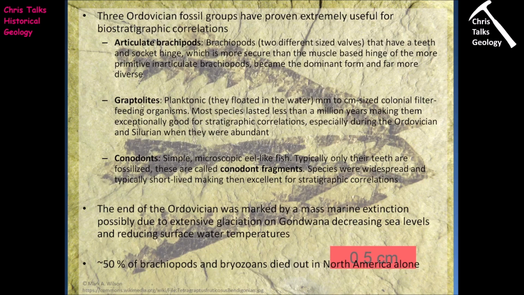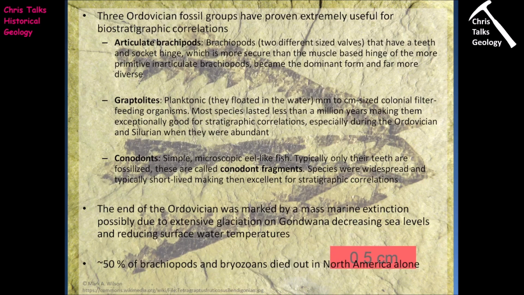Now, the nice thing about graptolites is there are numerous graptolite species, so there's loads of them. Because they are essentially passive organisms that float around in seawater, they are everywhere. They're super common in the Ordovician marine communities. And so because you have lots of species that only live for a short period of time, but they were very widespread, that makes them perfect for correlating rocks together.